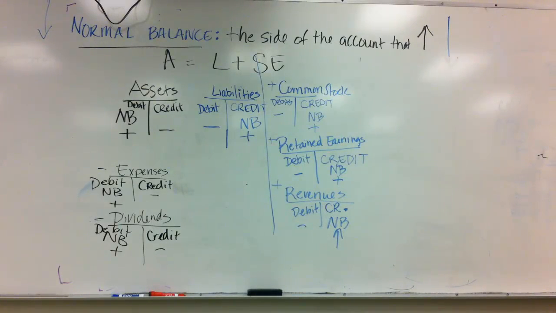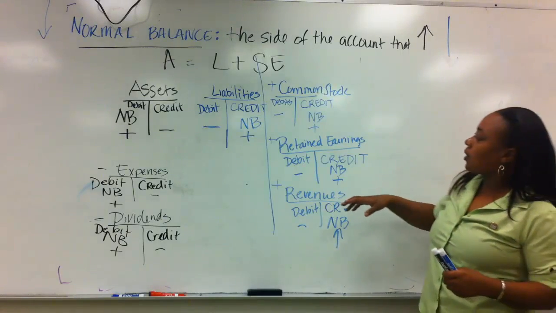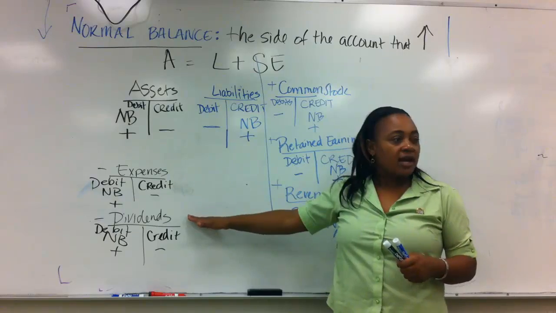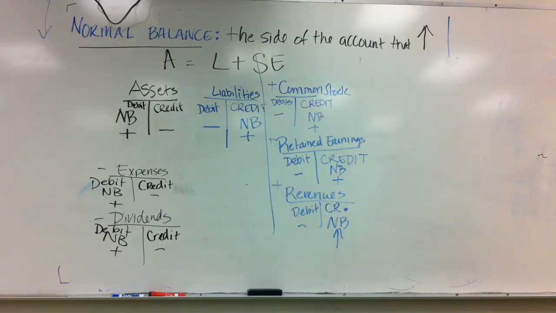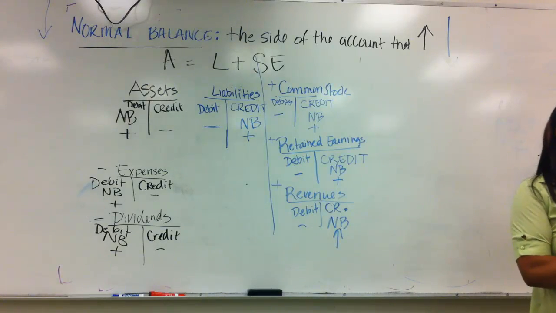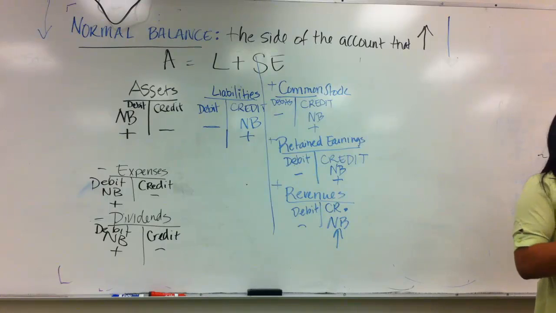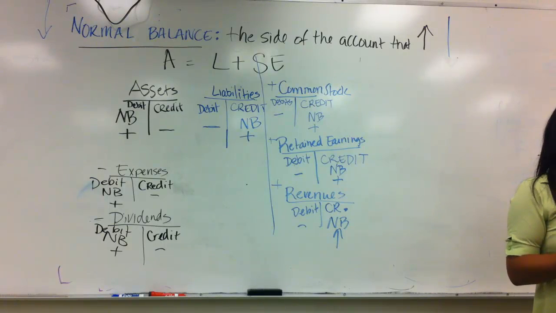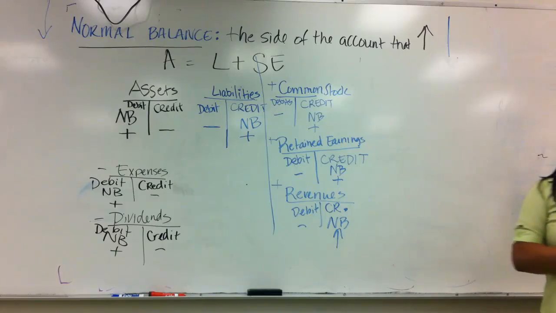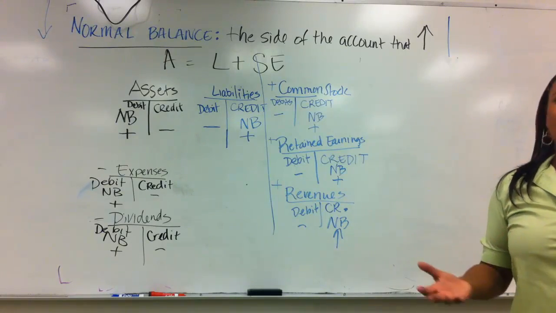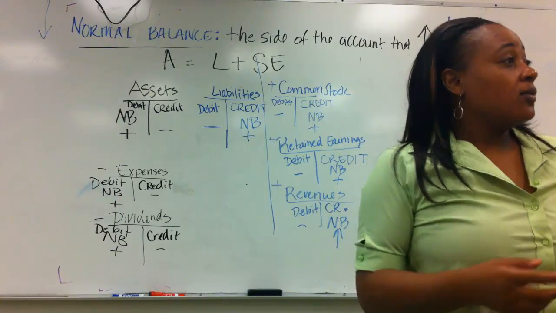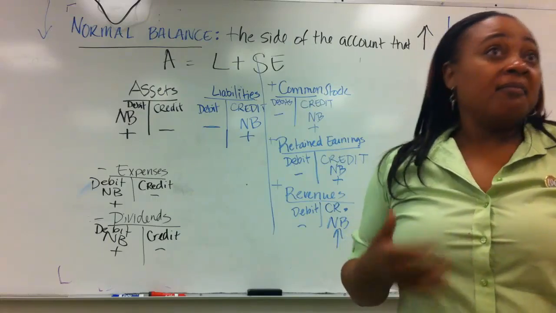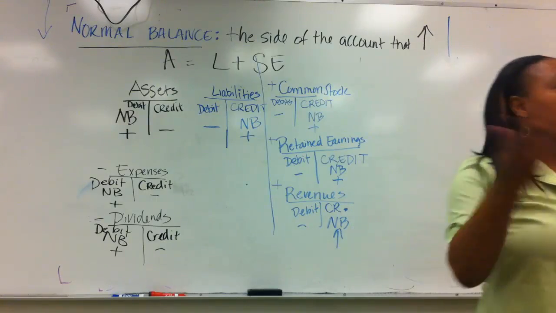Can you give an example using an expense or a dividend? Okay. So for dividends, that would be the actual account name. Now expenses would be utilities expense, supplies expense, depreciation expense, rent expense, pretty much anything with expense at the end of its name. Revenues would be service revenues, fees earned revenue, rent revenue, commissions revenue.